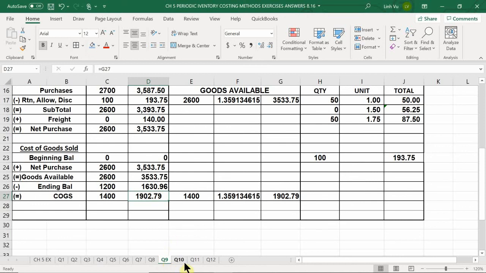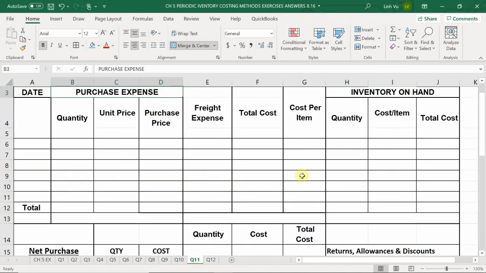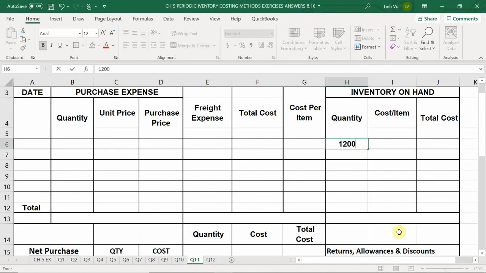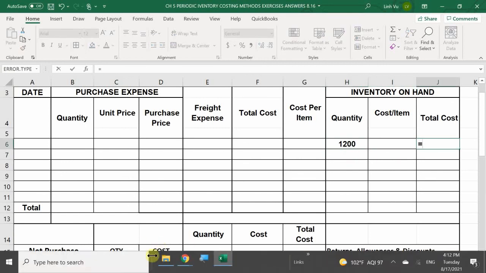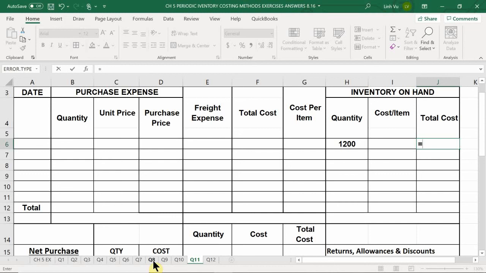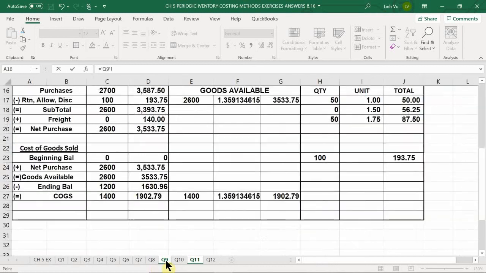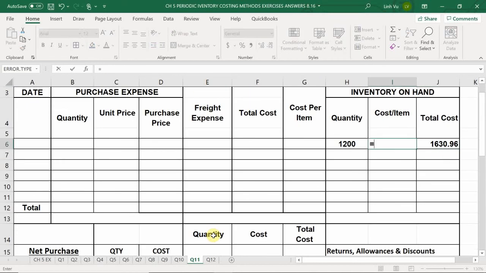1,630.96. So here's the easy part, right? Since we have this lump sum number right here, all we've got to do is transfer that amount into my inventory on hand. So I have 1,200 units at a total cost of $1,630.96. That's it.